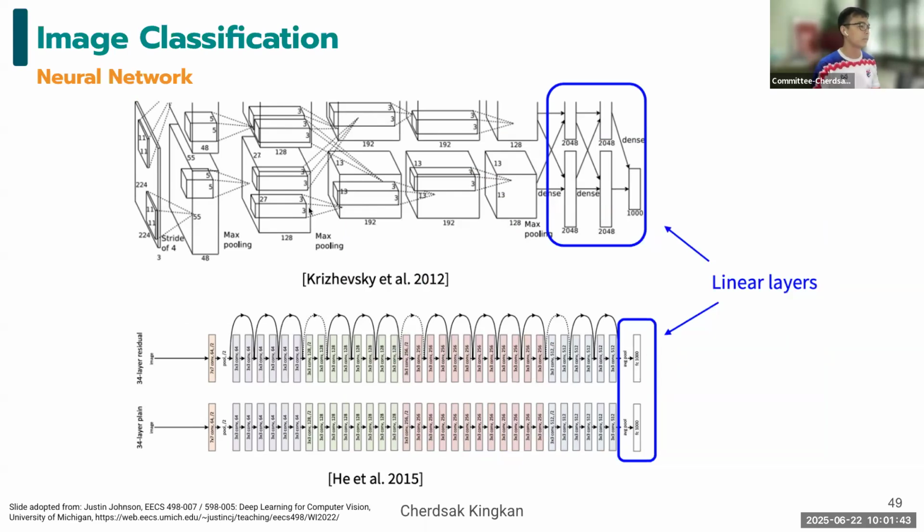For example, here we have neural networks of these classification models, and we will often see linear layers at the end of each model. Linear layers are quite important because they are part of the neural network architectures. Not always, some of them don't use them, but mostly, I would say 80%, we have linear layers in a neural network.